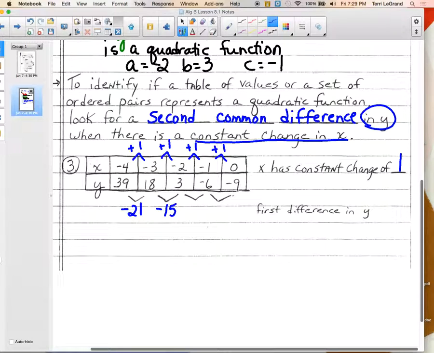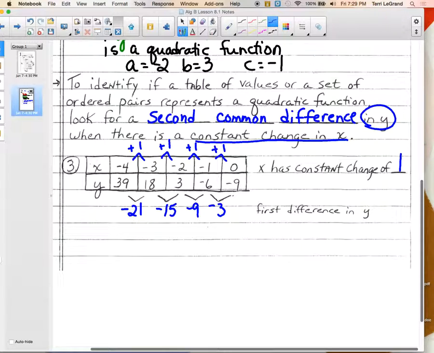To go from 3 to negative 6, it's getting smaller, so we're going down again. The distance between 3 and negative 6 is 9, so negative 9. And between negative 6 and negative 9, we're going down again, 3. So that's what we call our first difference. What's the change in the y's as you go from one y to the following y?